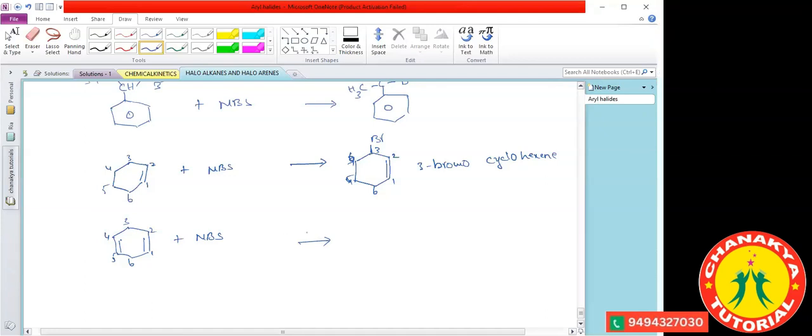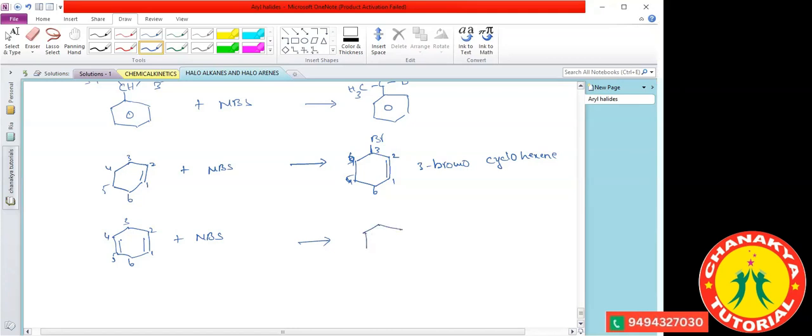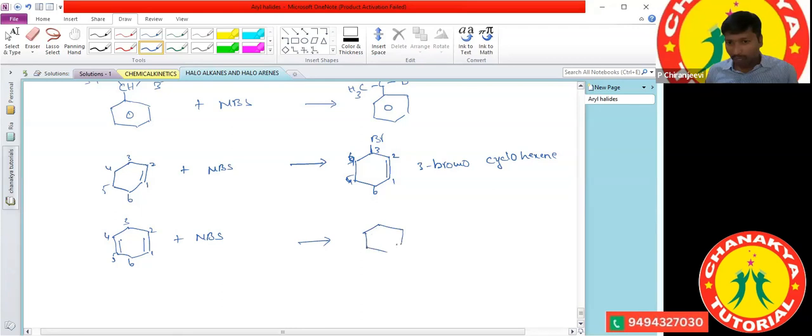Sir, it will be the third one. Yes, the substitution will take place at the third position. Because the third carbon acts as allylic with respect to this side, and with respect to this one also it becomes allylic. Hence bromine is going to be substituted at the third position.